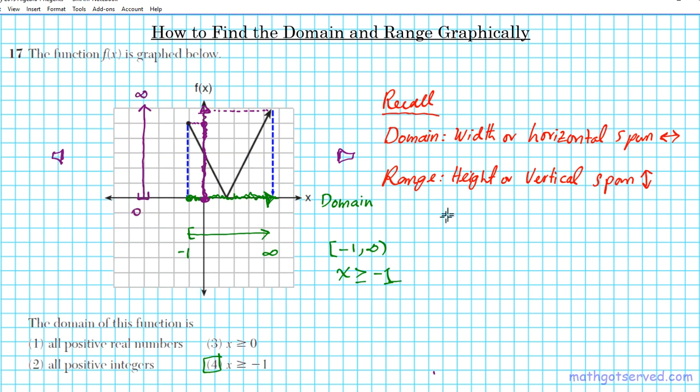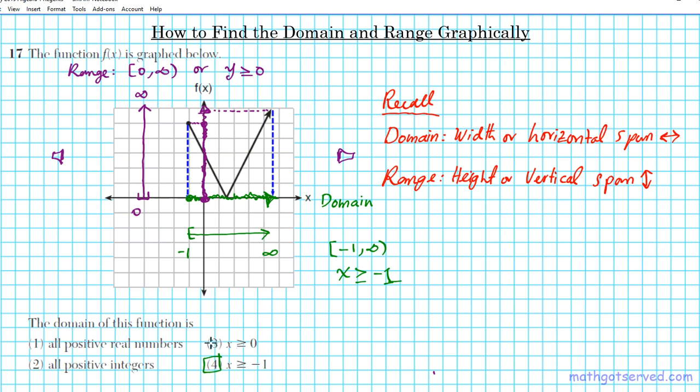So what's the range going to be in this particular case? The range, which goes with the y, the range or the vertical span, is going to go from 0 to infinity using interval notation, or using inequality notation, is going to be y is greater than or equal to 0.